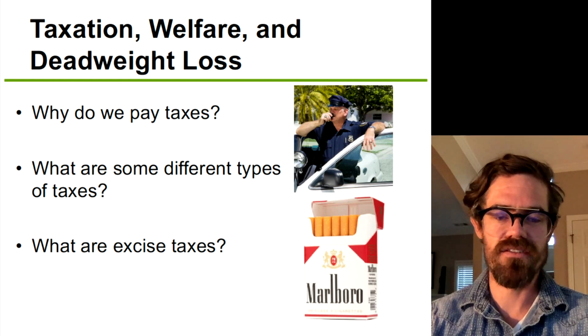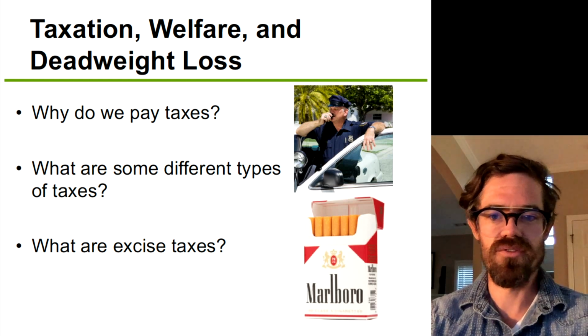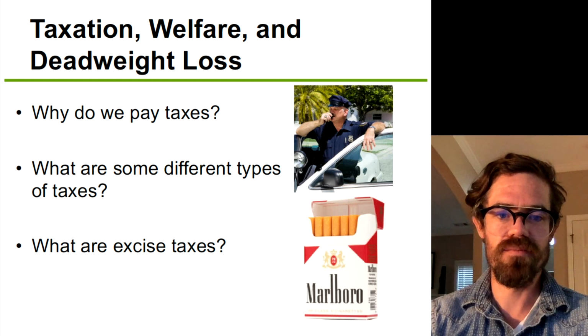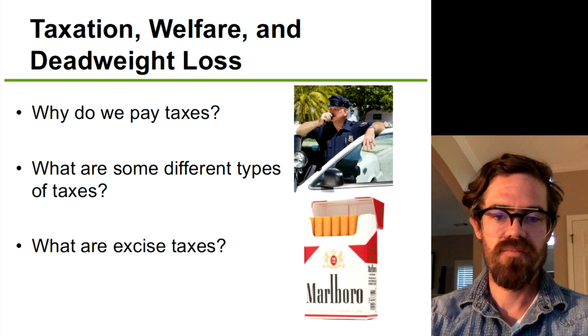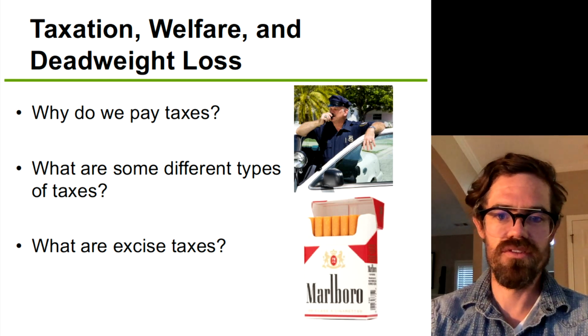Why do we pay taxes? Well, we pay taxes so that the government can provide some public goods like police forces or fire protection forces, parks, roads, right?